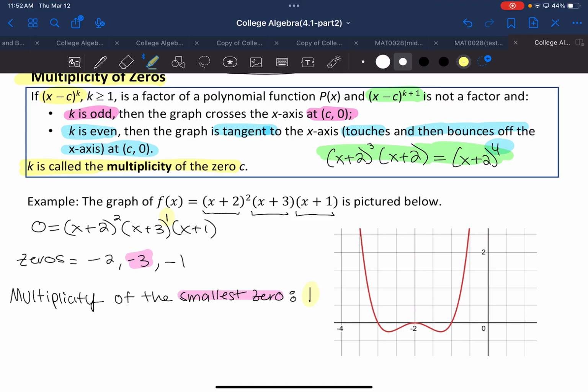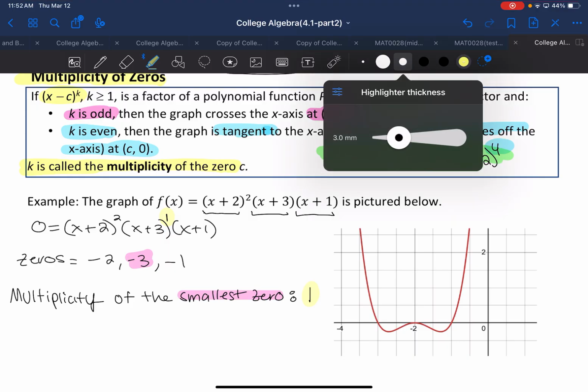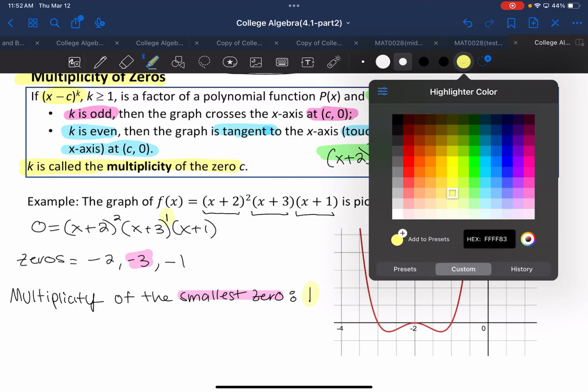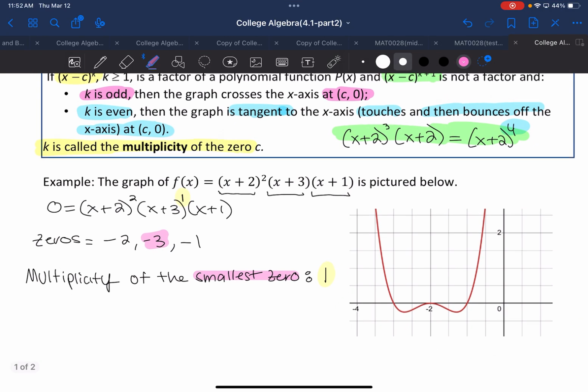Okay. Now let's look at what's happening at that 0. So here's the picture of the graph. -3, the exponent at -3 is right there. And it is crossing through. The graph is crossing through the x-axis at -3.